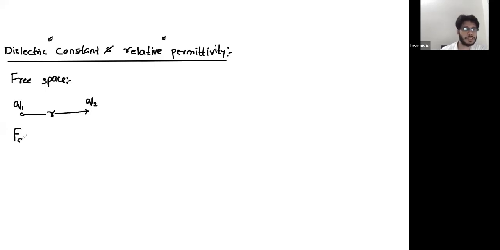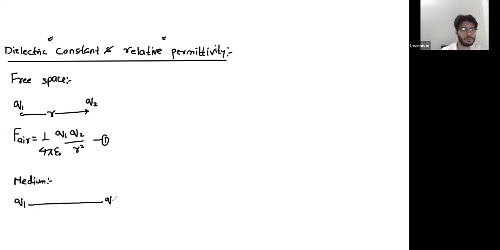So the force between the charges in air is 1 over 4 pi epsilon naught, Q1 Q2 over R square. That's my first equation. Now I place the same charges in some other medium. Maybe it would be water, or some other medium, I place the same charges Q1 and Q2. The separation is the same, I just have changed the medium.